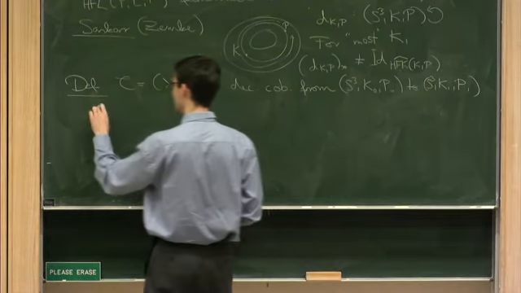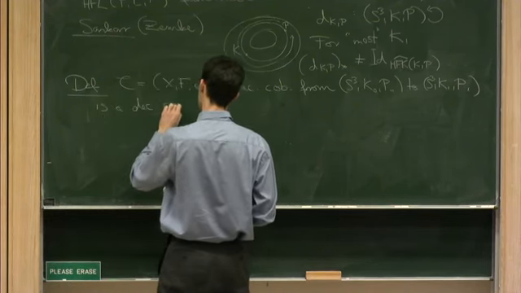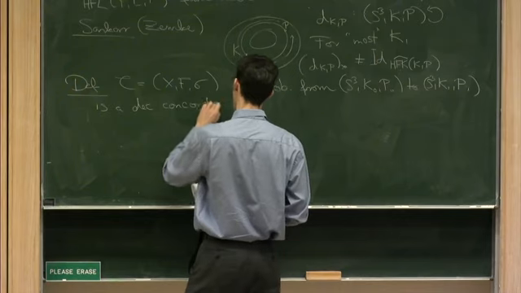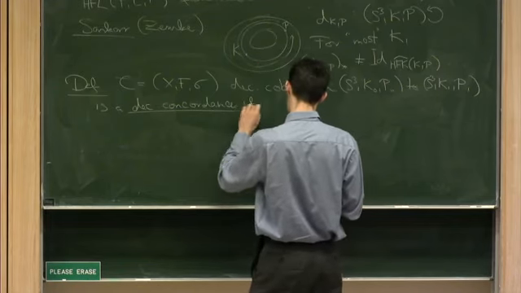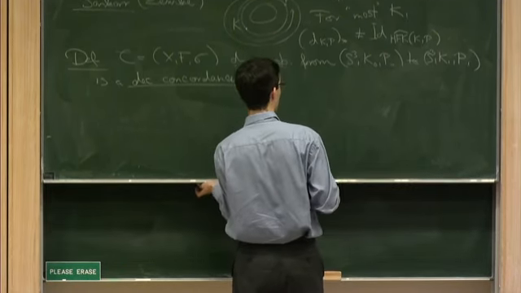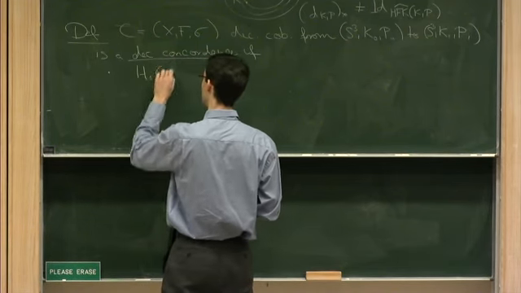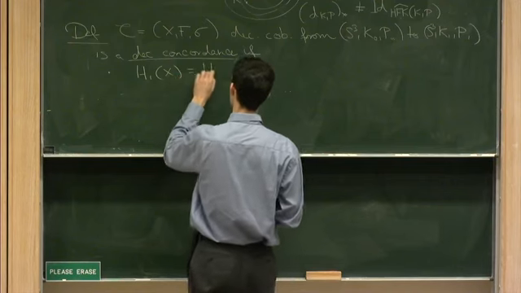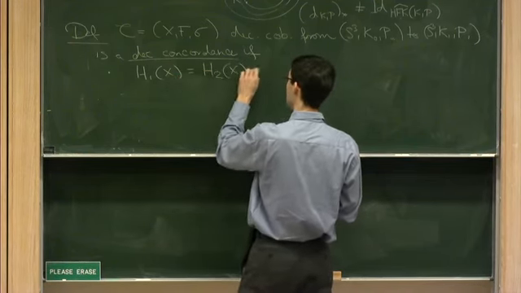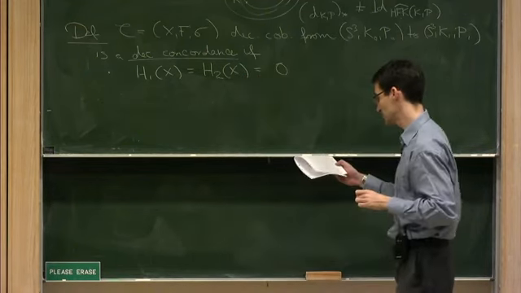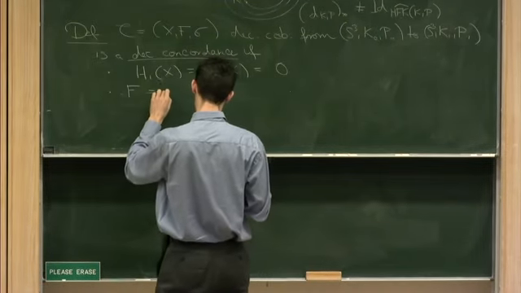And we say that this is a decorated concordance if I want X to be a homology S3 cross I, so H1(X), H2(X) should vanish, and then F is just a cylinder.